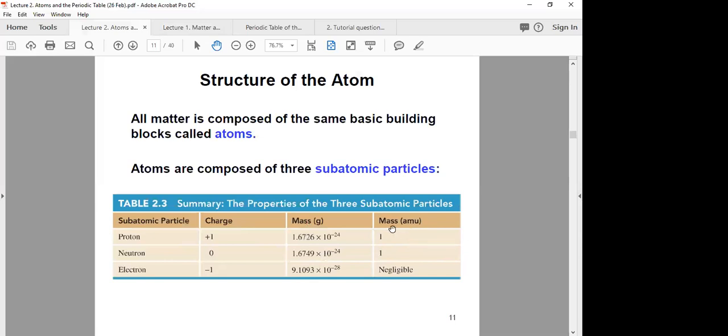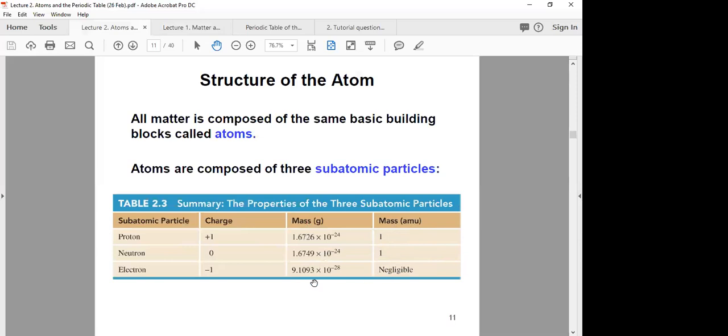So for each proton, we say that it has a mass of 1 AMU. Same thing for the neutron, because it's almost identical in mass. So we say that a neutron has a mass of 1 AMU.